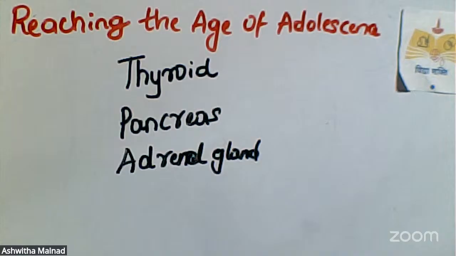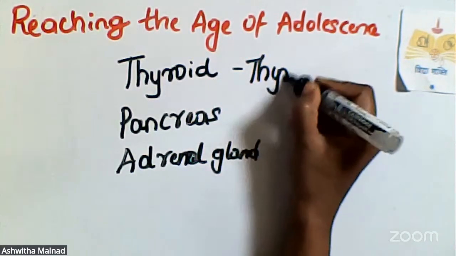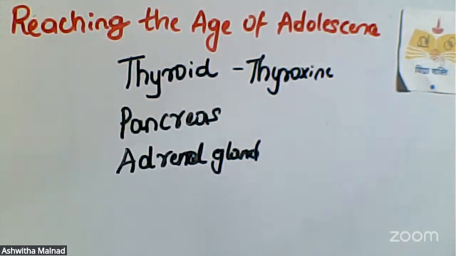You have to know that there is an issue when the thyroid gland does not produce the hormone thyroxine. If the thyroid gland has difficulty in production of thyroxine, a disease called thyroid would occur.